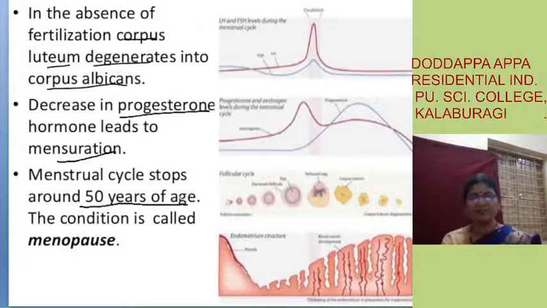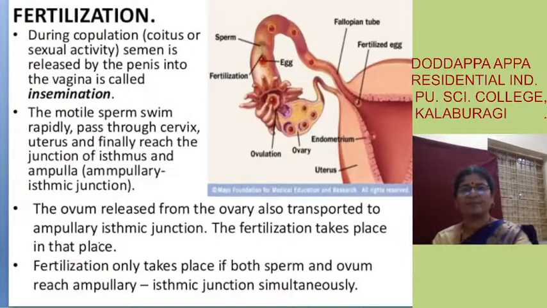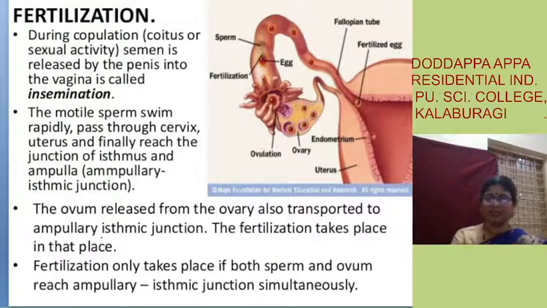The cessation of the menstrual cycle is called menopause. Menopause is usually indicated by hot flashes, tiredness, fatigue, and osteoporosis is also a sign, as the progesterone and estrogen levels decrease. Many changes will occur in the females after menopause.